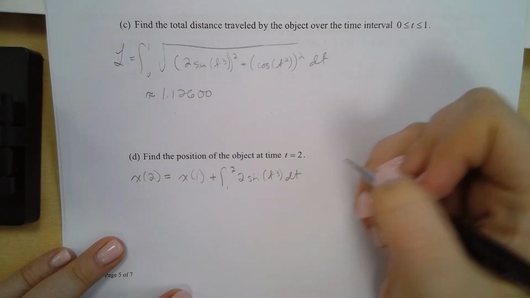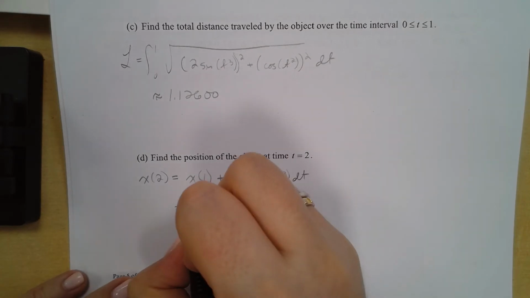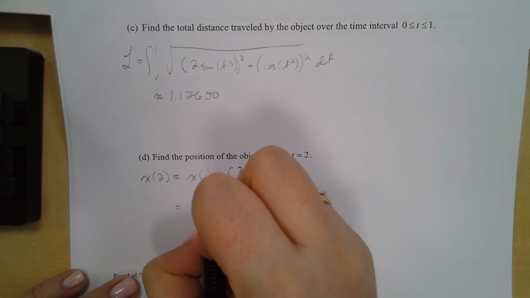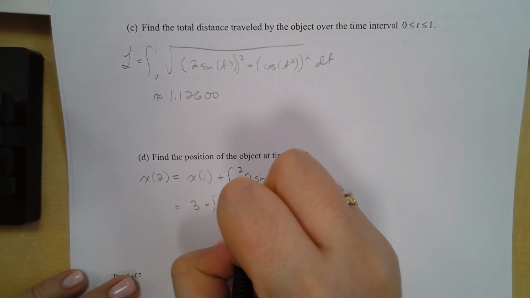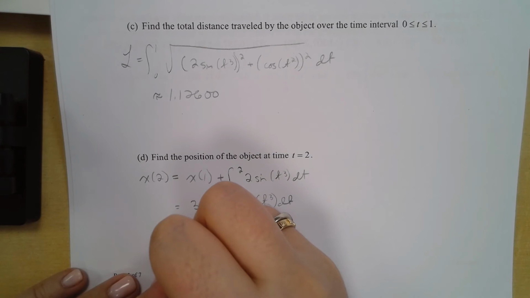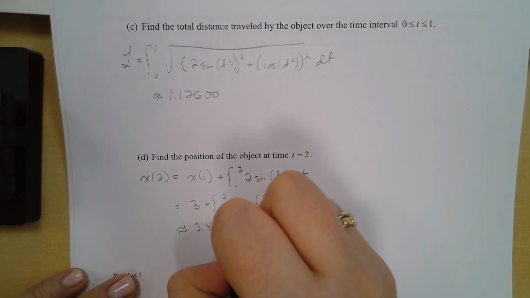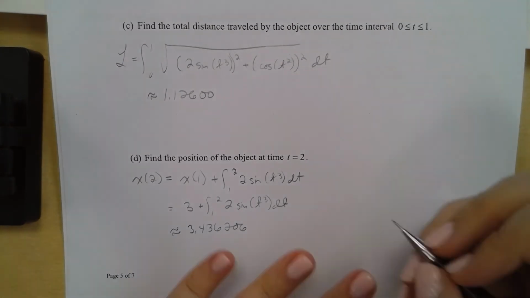So this is going to be equal to 3 plus the integral from 1 to 2 of 2 sine of t cubed dt, which after putting in a calculator is approximately 3.436206.